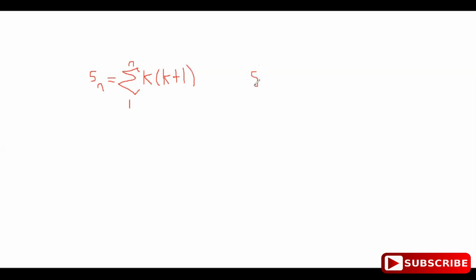Sm is the sum from 1 to m. So Sm is the sum from 1 to m of k times k plus 1. That's Sm. Agreed?